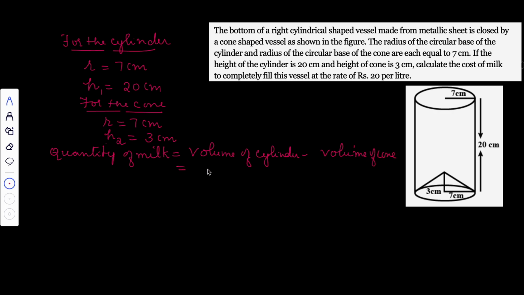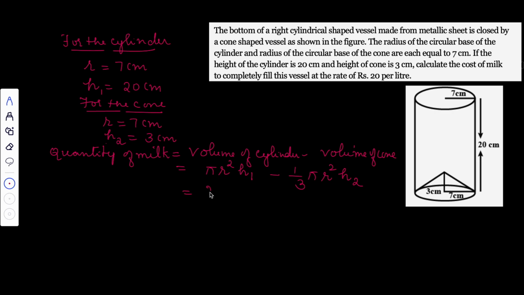Volume of cylinder formula is pi r squared H1, minus volume of cone, which is 1 by 3 pi r squared H2.